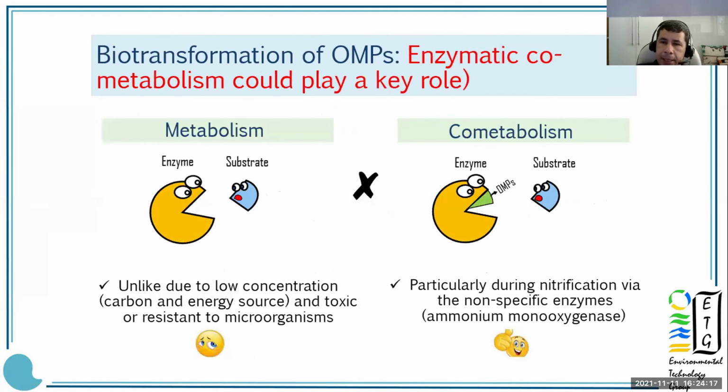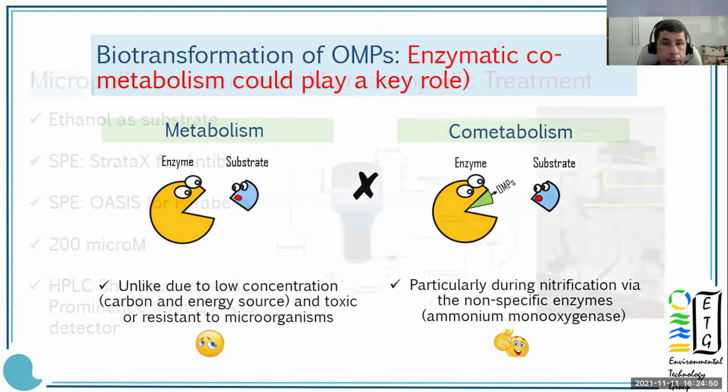So, metabolic versus co-metabolic reaction: it seems to be a co-metabolic reaction, because the concentration of these compounds is so low that it appears not to be sufficient to promote microbial growth. Therefore, a co-metabolic reaction must be the most interesting and active process in OMP removal in anaerobic and aerobic bioreactors.